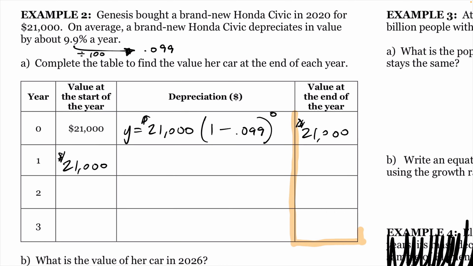At the end of 1 year, what is it going to be? At the end of 2 years, 3 years, 4 years?